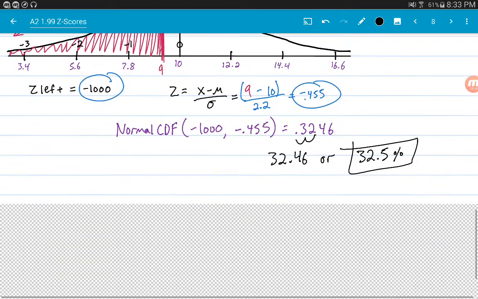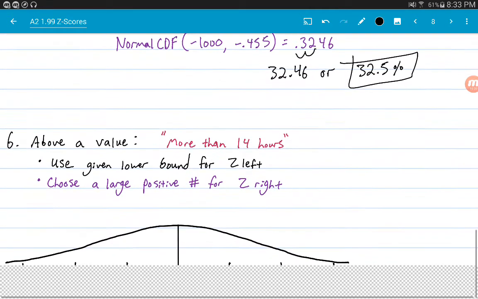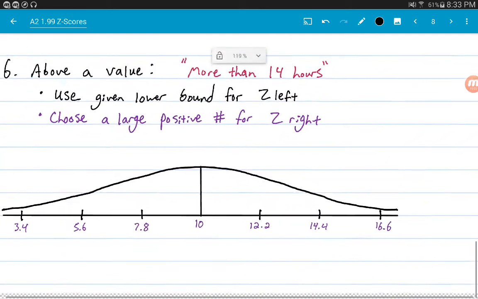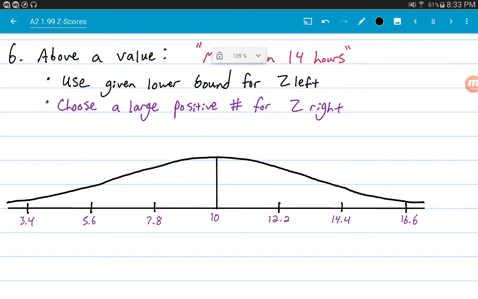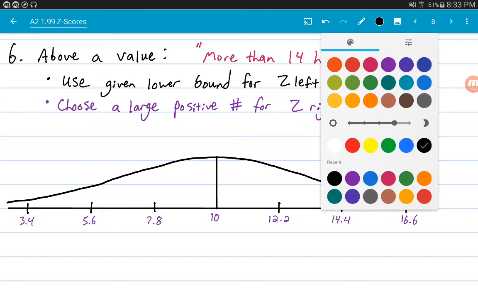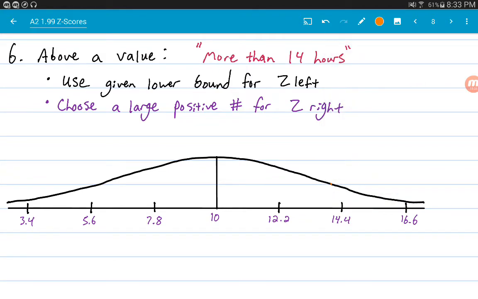Now last style, above a value. So question 6 asks us about more than 14 hours. More than 14 hours means this region here. So 14 is around here somewhere. More than 14 means we are shading in this direction. So this number right here, this 14, is going to be used to find my z left.